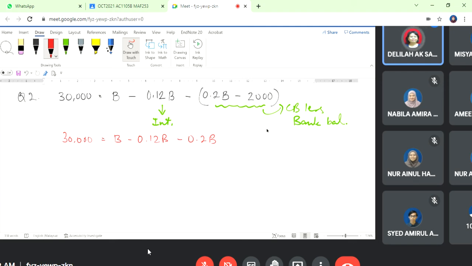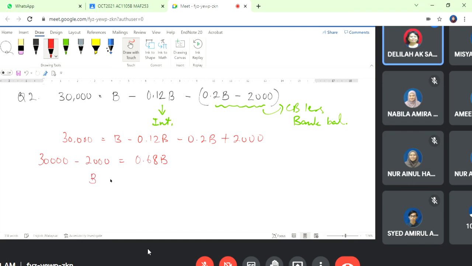So when we remove the bracket, the negative becomes positive. So I'm bringing this 2,000 over to the other side. It becomes 30,000 minus 2,000. Then all this becomes 0.68 B.